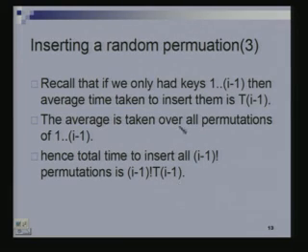The average time is T of I minus 1, and the average is taken by computing the total time to insert all the I minus 1 factorial permutations divided by I minus 1 factorial. So, the total time is I minus 1 factorial times T of I minus 1. Like for instance, in the example that we did earlier for T3, the total time taken to insert all the permutations was 16, which was just the average times 6.